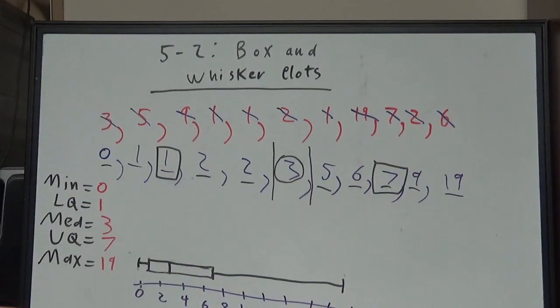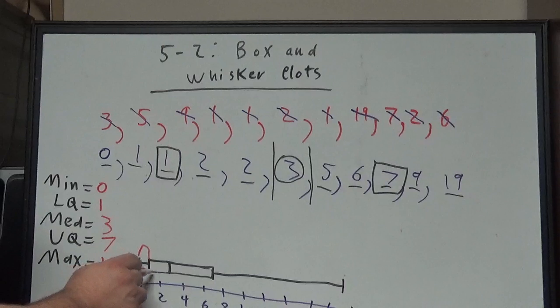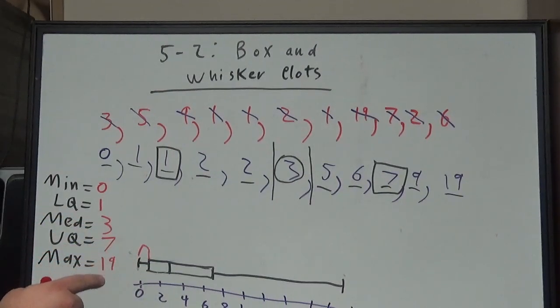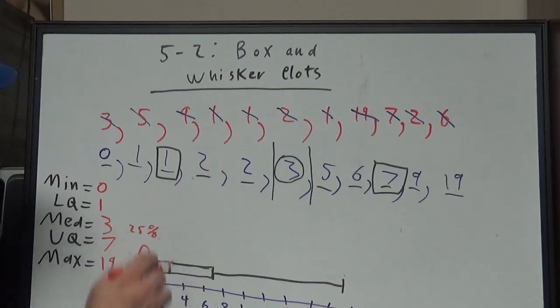Okay, last thing I want to say about the box and whisker plot is this. It goes by quartiles. The quartiles are 25% each time, right? And this is going to look weird, but this interval from 0 to 1, remember I changed it, so from 0 to 1 makes up the first 25% of your data set.